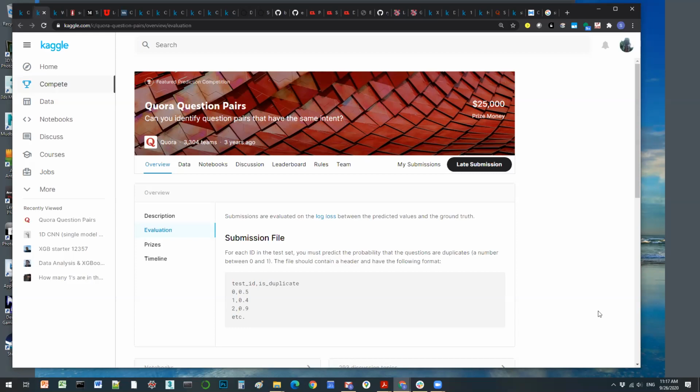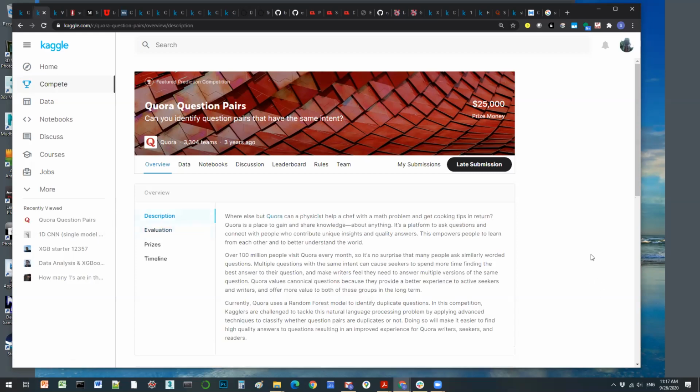In this case, as the description states, we are trying to simply determine whether two questions are the same. It's not as simple as that statement, because ultimately we are after the meaning of the words in the question.